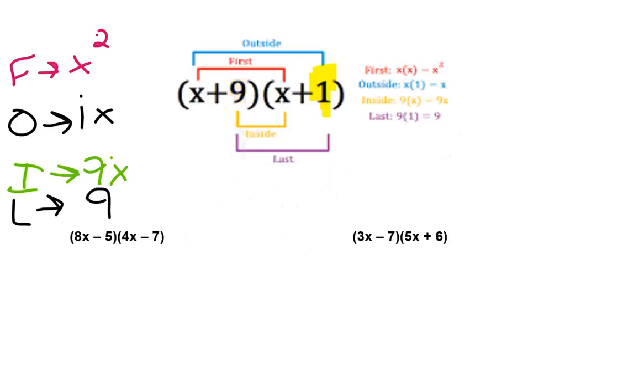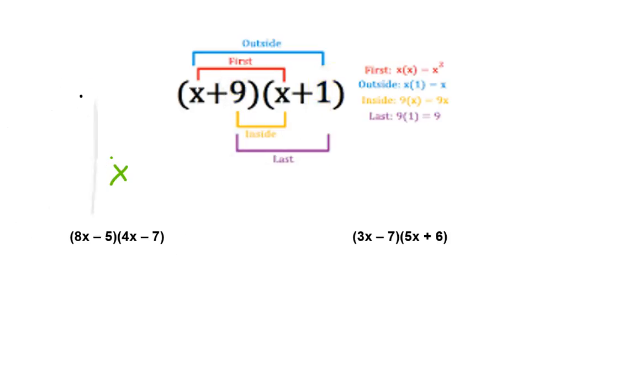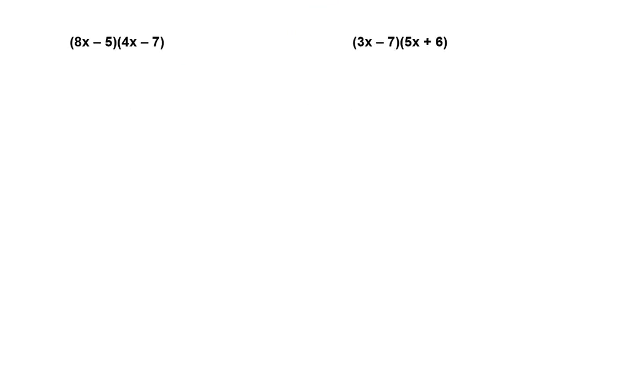So I've got two more examples that we'll work through together. So I've got, let's scoot this up so we got a little bit more room. I got 8x minus 5 times 4x minus 7. So my first is what I'm going to do first. So my first term is 8x, my first term is 4x. 8x times 4x gives me 8 times 4 is 32.